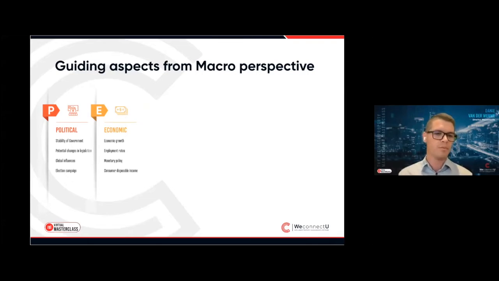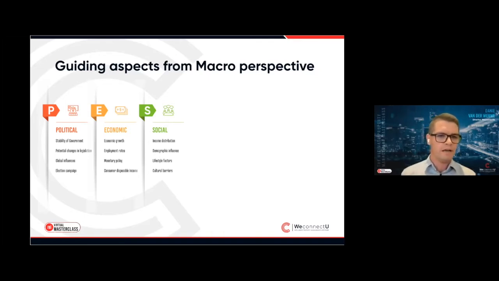Employment rates, I think we're at a record low currently. So how is the economy potentially affecting our businesses? And then socially, income distribution, demographic influences, lifestyle factors. I think that one is definitely impacting a lot of business at the moment, and cultural barriers are definitely also something to consider if staying in a country like South Africa.